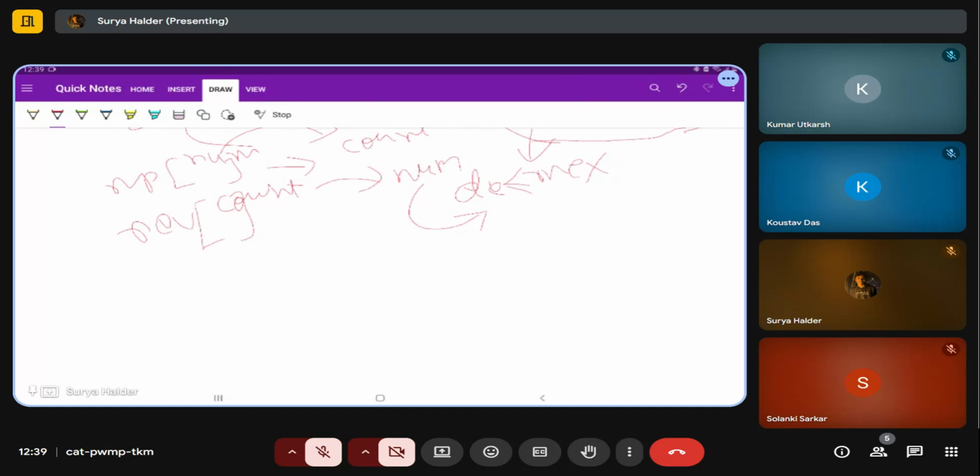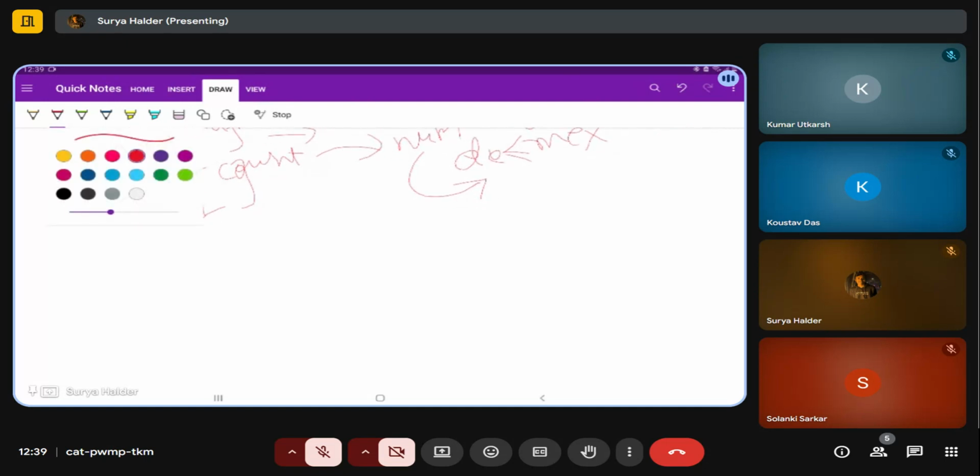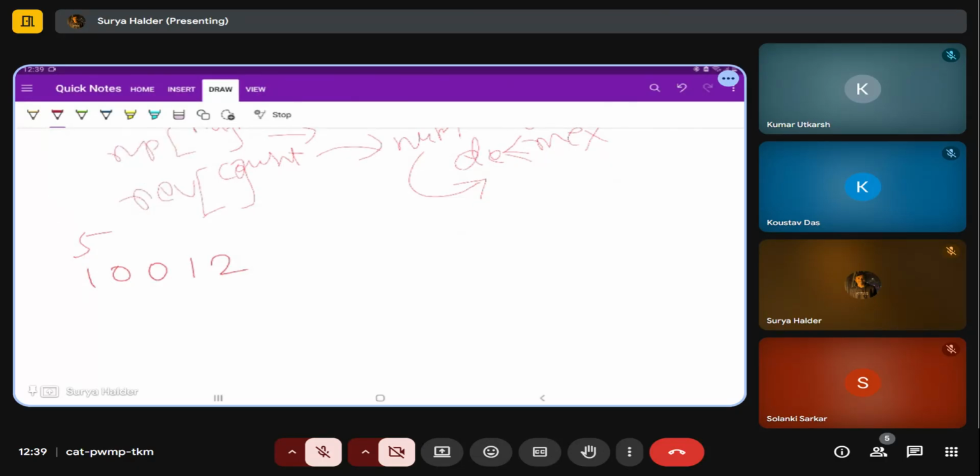So the first sample test case was 5, and the elements were 1, 0, 0, 1, 2. So the max of this is obviously 3, and then let me sort it.